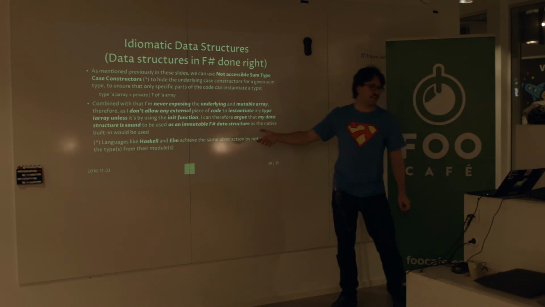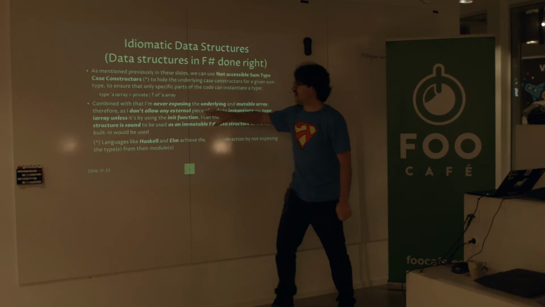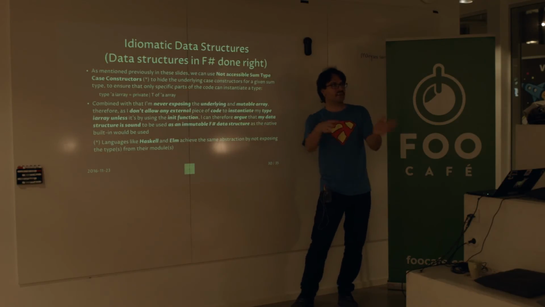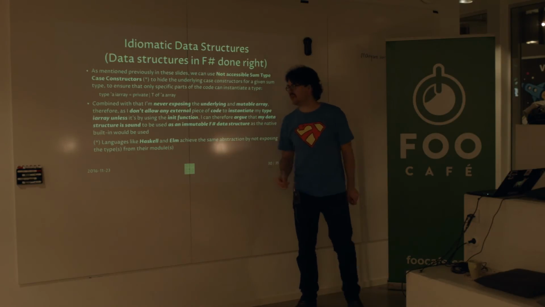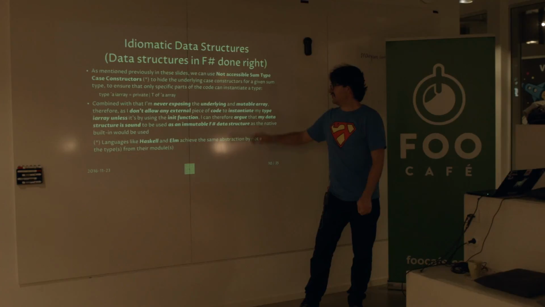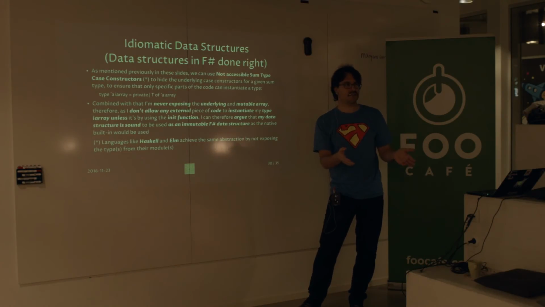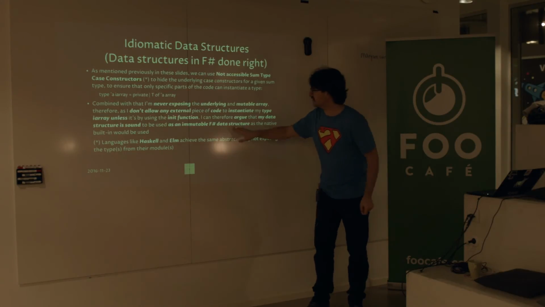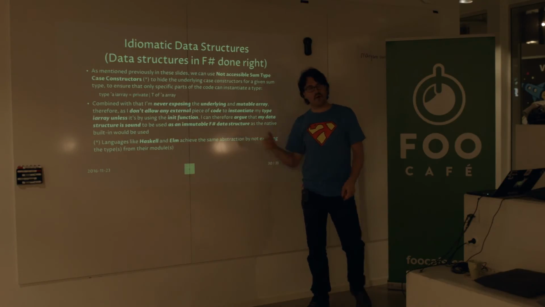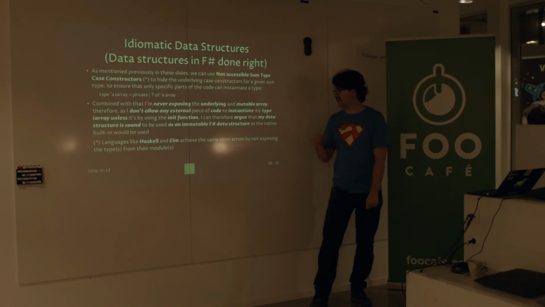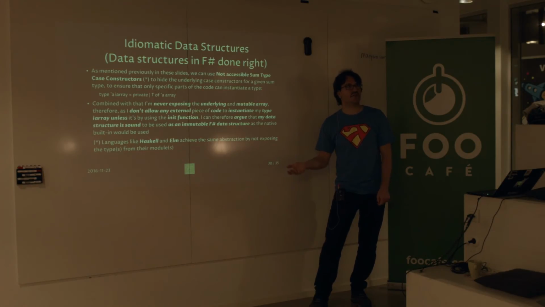So what I actually achieve with this approach is, because I'm never exposing this underlying thing that's actually mutable, I can actually argue, don't be too cocky on this one, but I'm able to argue about the soundness of this data structure, and I can probably say that it's as safe to use as all the other F# data structures that are natively in the .NET environment or F# core.